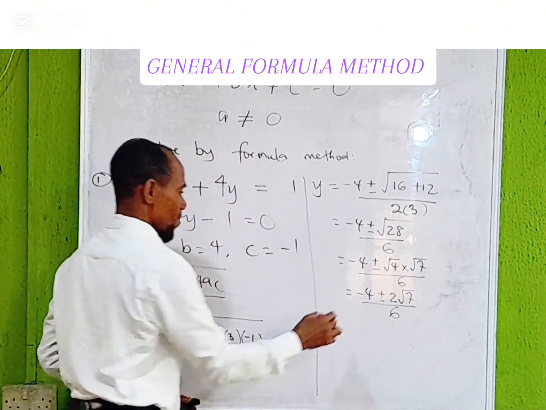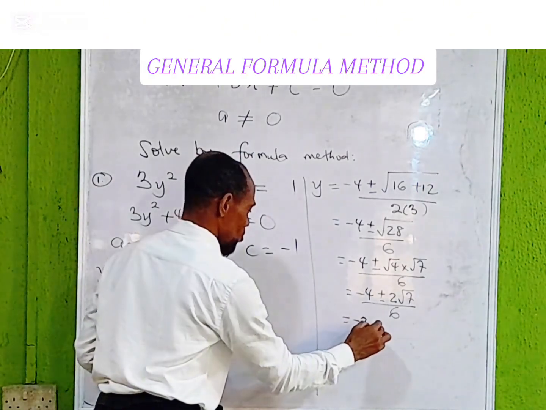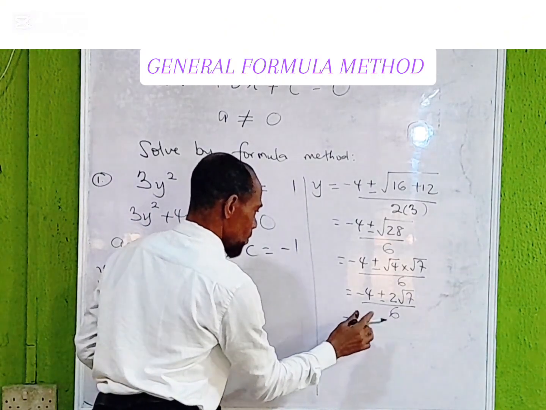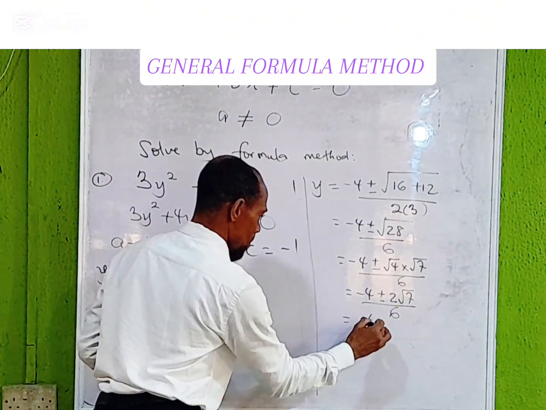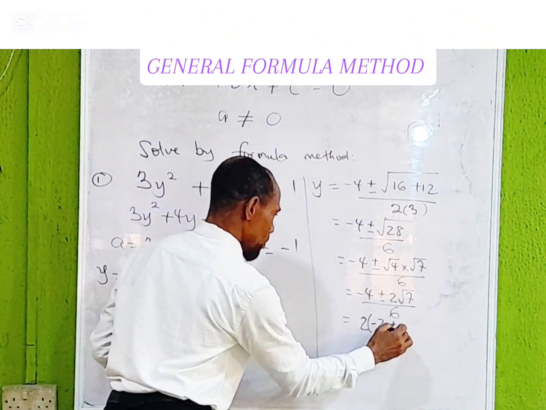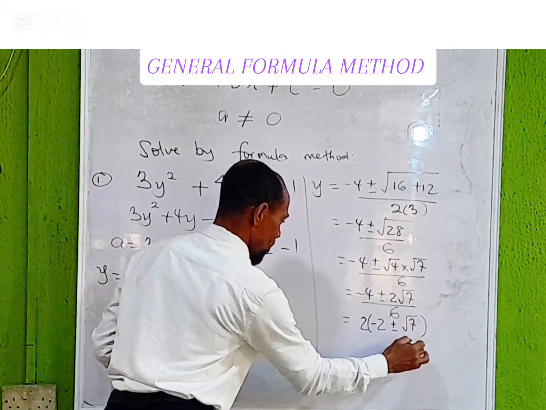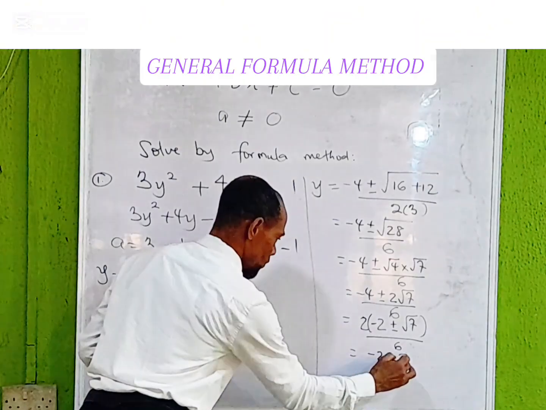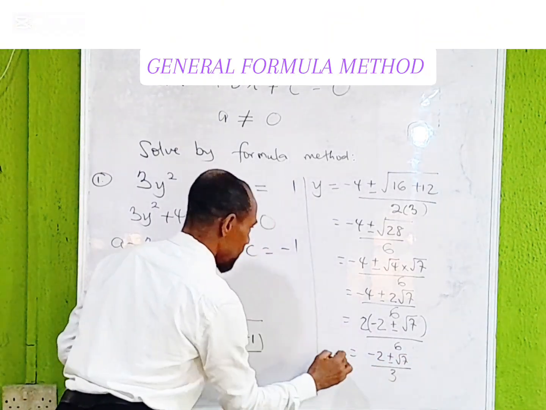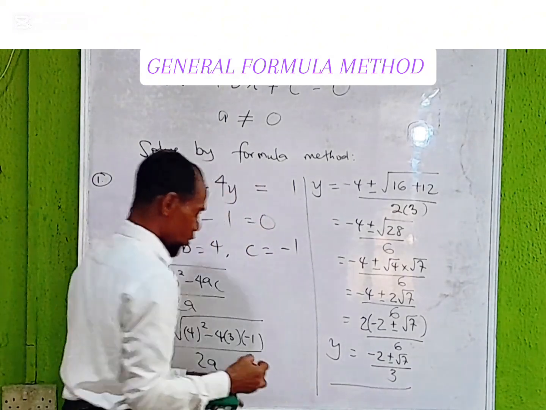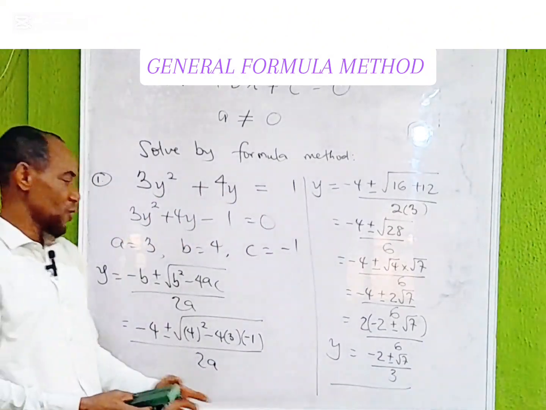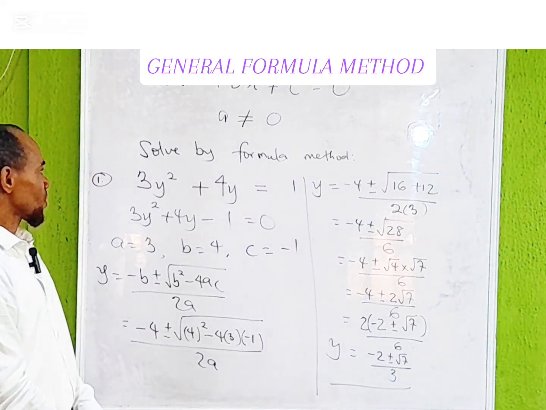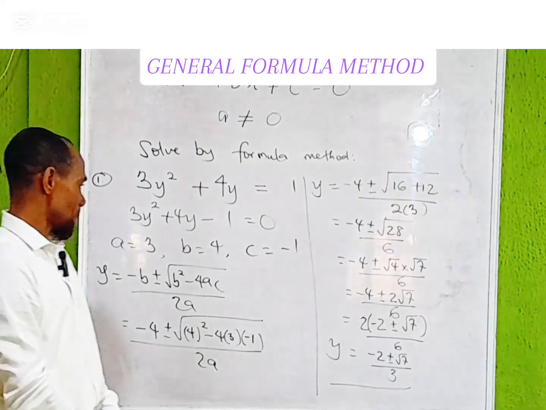And you can go further by factorizing as minus 2 bracket 2 minus 2 plus or minus root 7 over 6, which gives minus 2 plus or minus root 7 all over 3. And you can leave your answer this way, or you proceed by using a calculator to get the root of 7. And that again is a solution using the quadratic formula method.